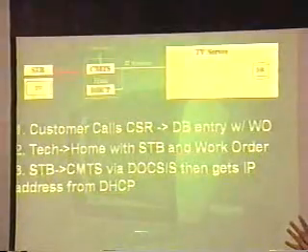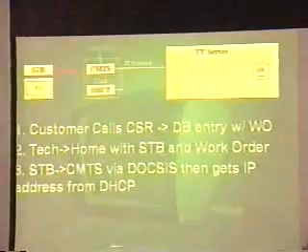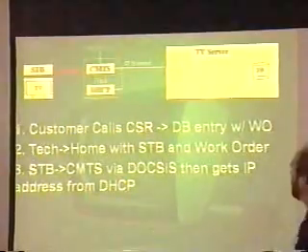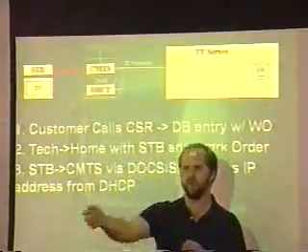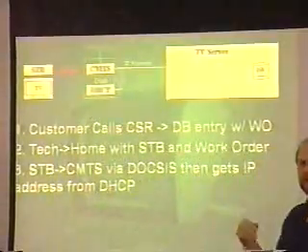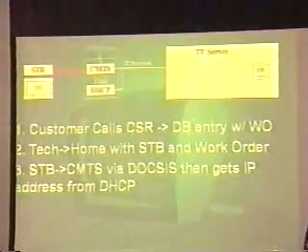CMTS is the cable modem termination system. It is a box that is in the cable operator's head end, and what it does is it mixes IP traffic and video traffic and sends it out to the customer. So that's the point at which you would be merging video streams and IP traffic out to customers' homes.